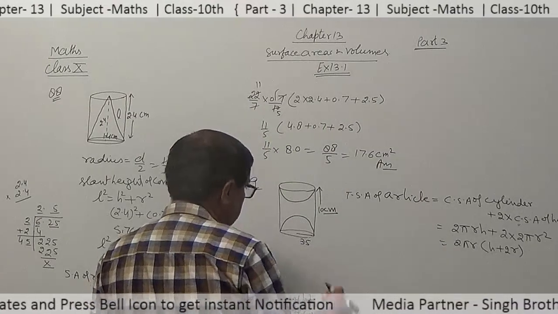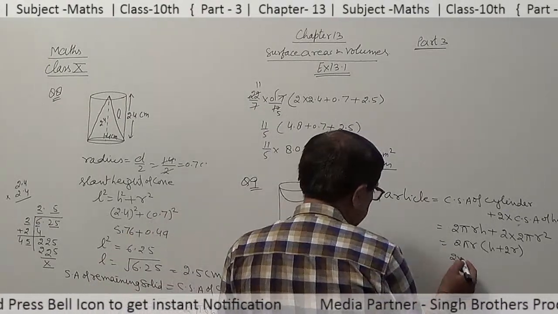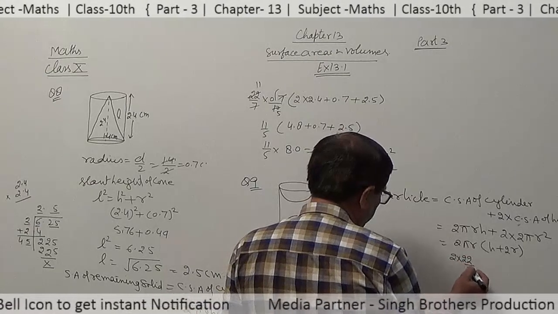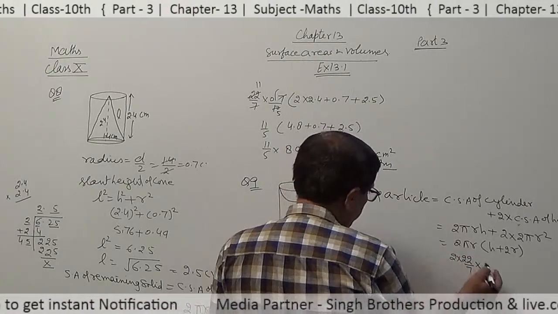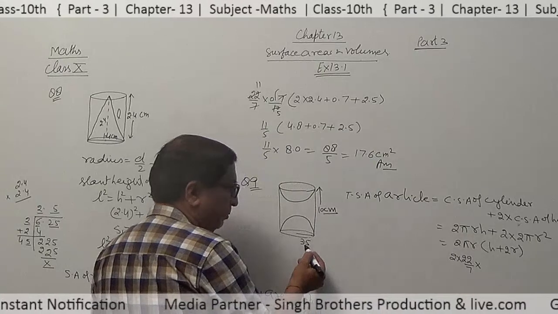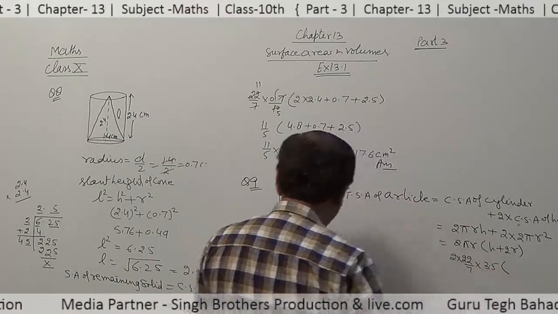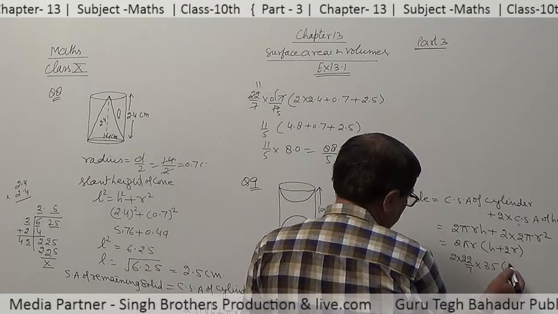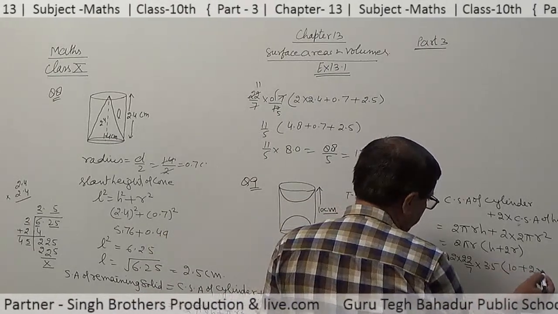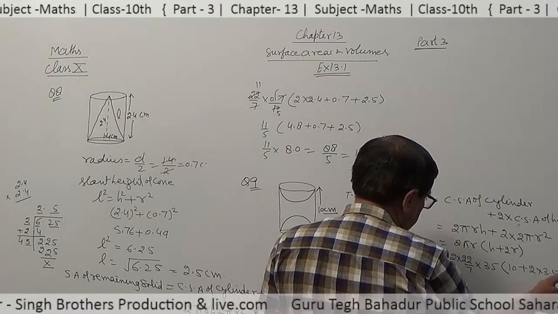Putting the values, 2 pi value is 22 upon 7, radius is given to you 3.5, height is given to you 10 plus 2 times radius 3.5.